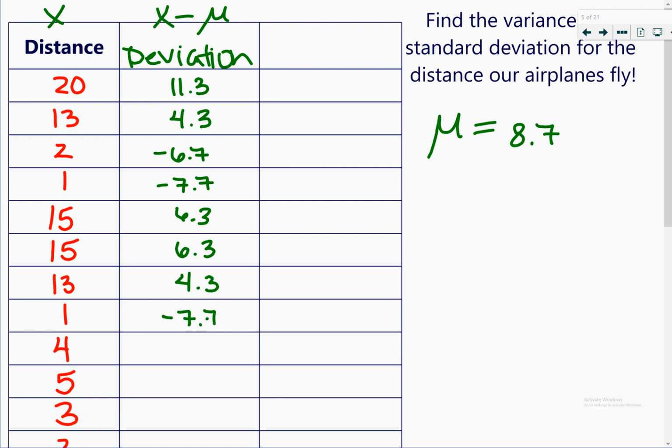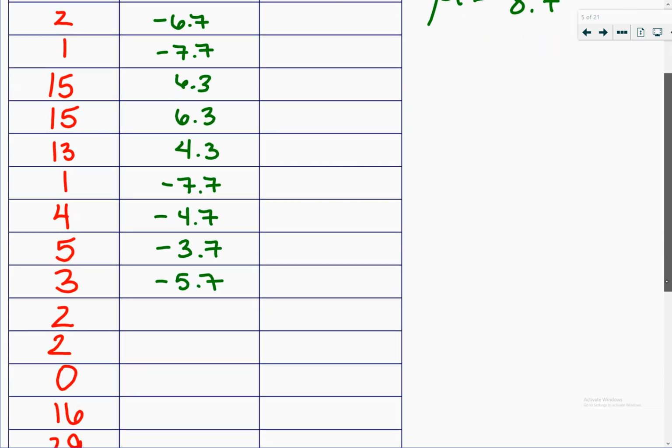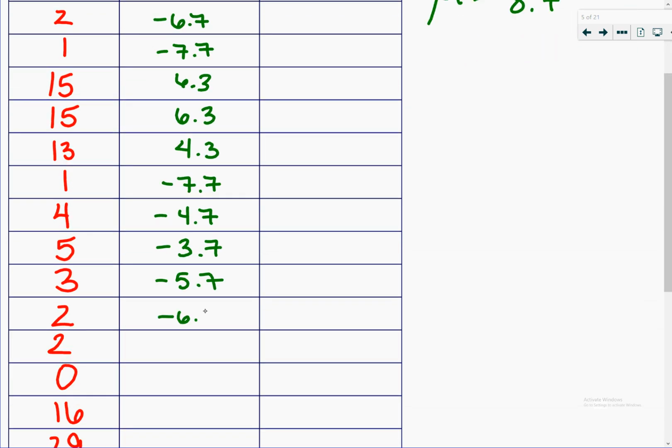Some of these are repetitive. Negative 7.7, negative 4.7, negative 3.7, negative 5.7, negative 6.7, negative 6.7, negative 8.7.